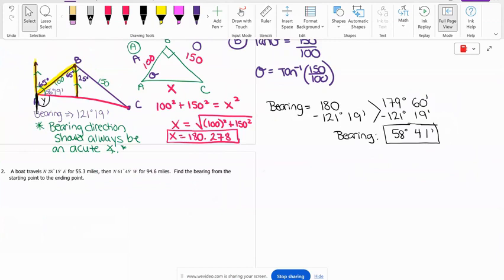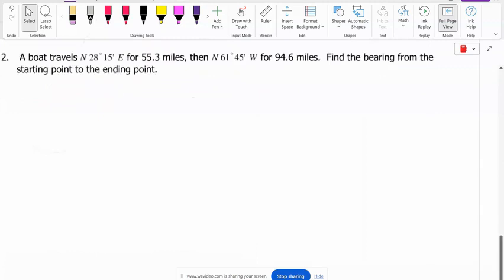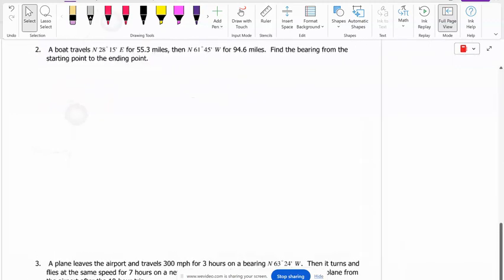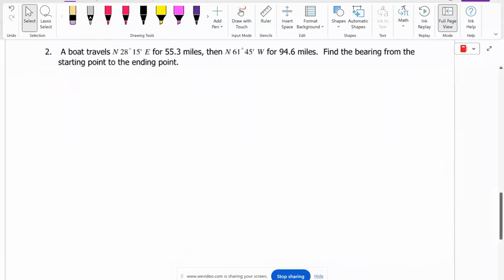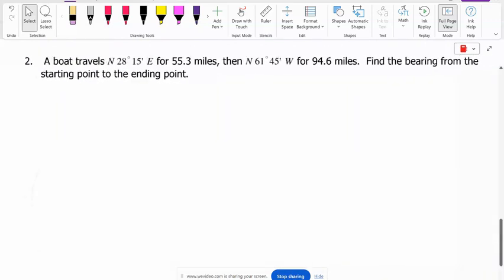All right, let's do another one. How about you guys try the setup for this? Even if you get it wrong, it's okay.